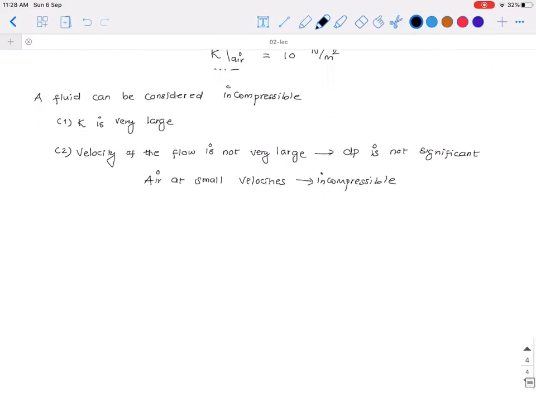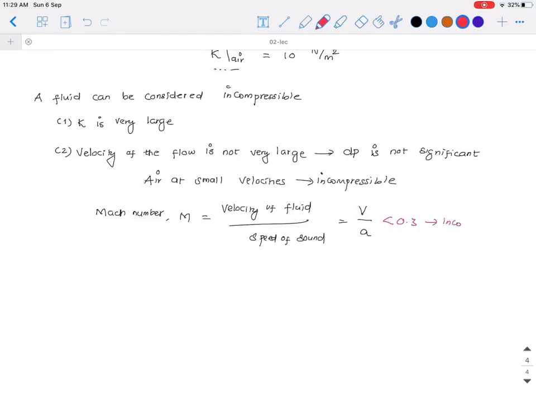It is given by this non-dimensional parameter called Mach number, M, which is the velocity of the fluid divided by the speed of sound, U by A. If the Mach number is less than 0.3, then we say that the flow is incompressible.